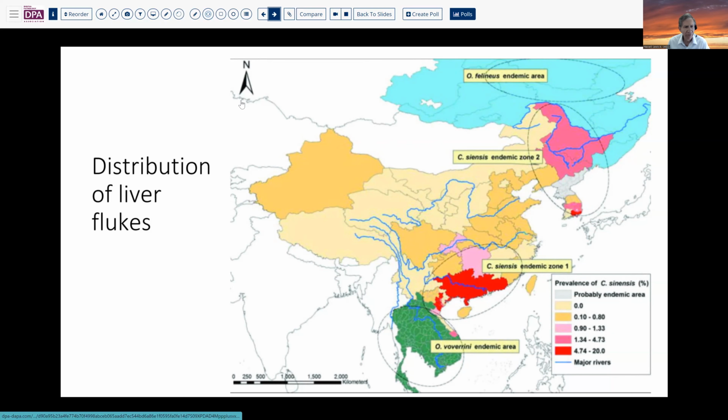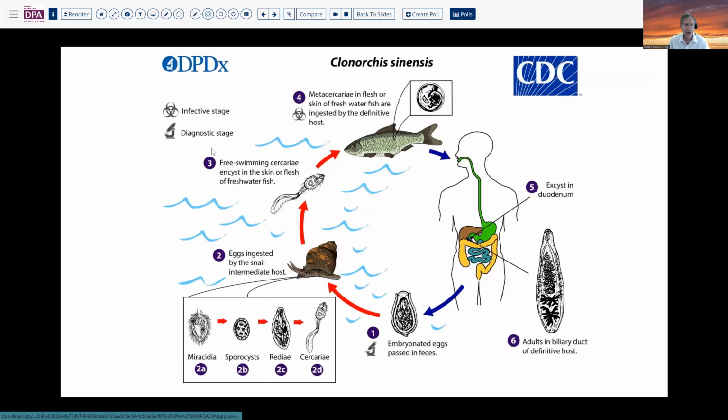In terms of life cycle and so forth, I'm sure that many of you have learned this, but the human is a definitive host in this situation and can therefore be the origin of the eggs. Now, other animals, fish-eating animals in particular, can also be definitive hosts and propagate the eggs.